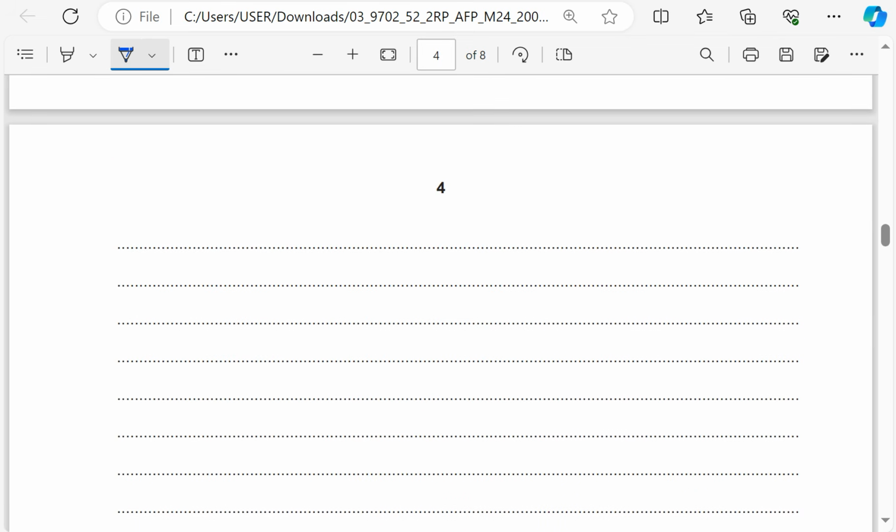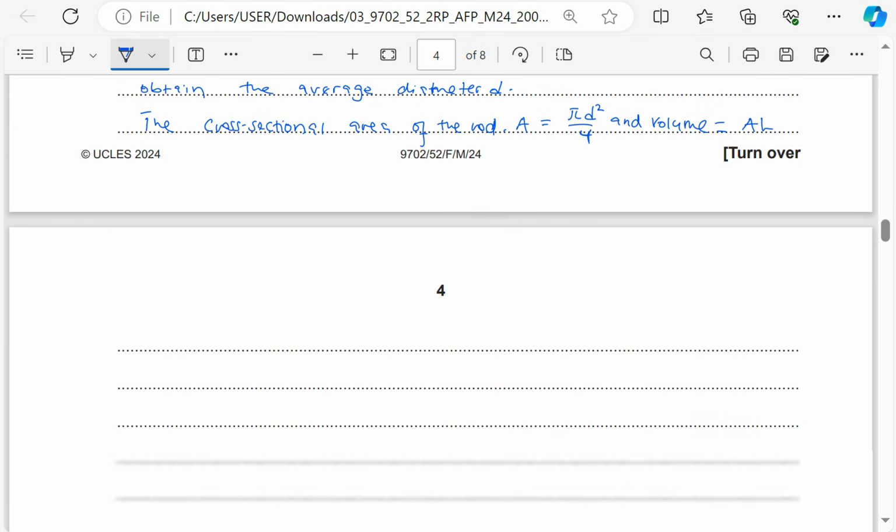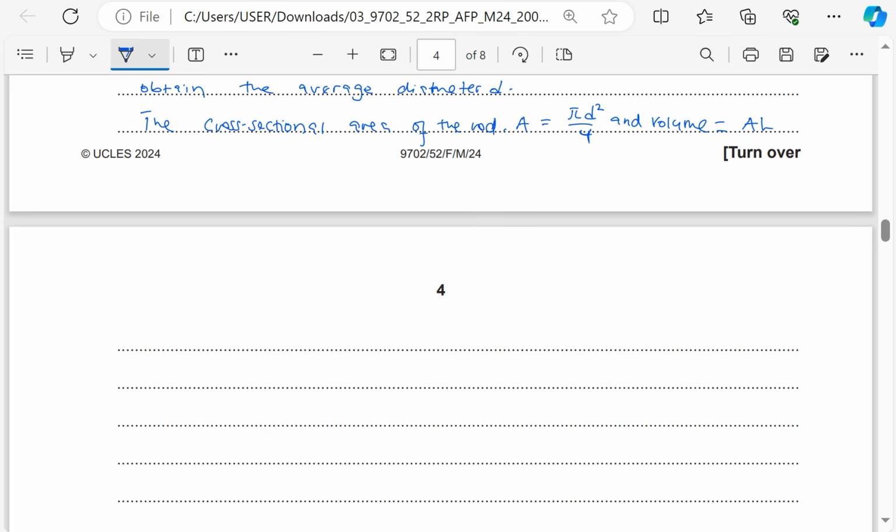Okay, so which other measurement is remaining? Since I want to find the density, I have the volume now, I need the mass. So step number 3, I will measure the mass of the rod. Of course, to measure the mass, you need a balance, let's say a top pan balance.